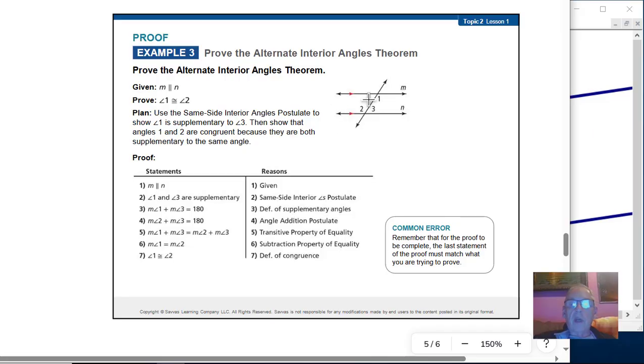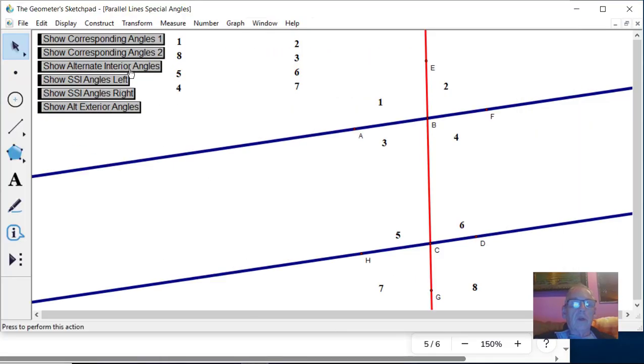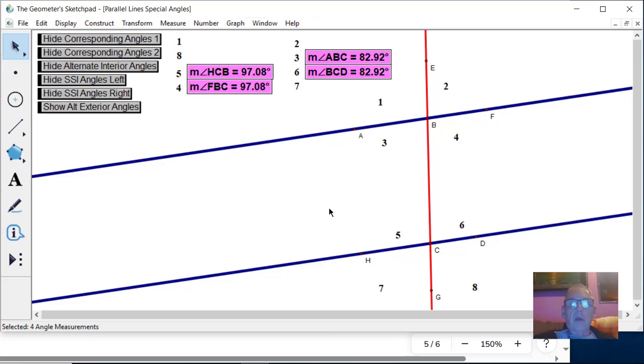So make note that the same argument would work going the other way. This angle with a single dot next to 1 and the angle 3 would also be alternate interior angles and would be congruent. If we go back to the demonstration, alternate interior angles, there we go.